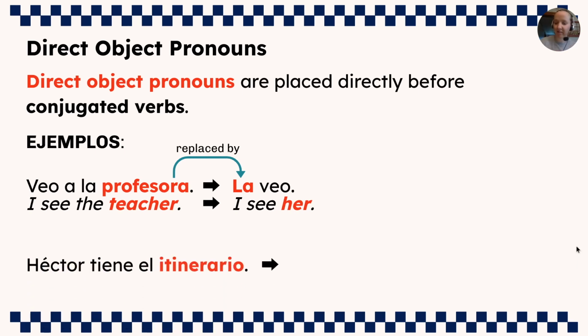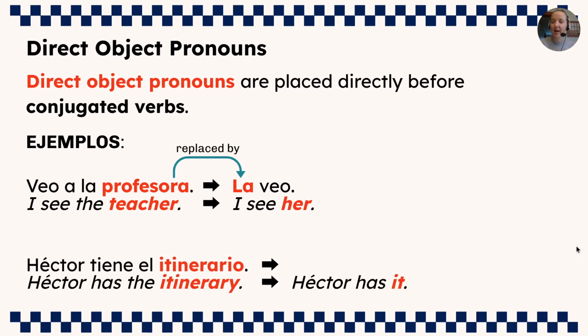Let's look at another example. Here we have Hector has the itinerary, and we want to change it to say Hector has it. In Spanish, we see that Hector tiene el itinerario is our beginning sentence. We need to decide which direct object pronoun we are going to use to replace itinerary. Is el itinerario masculine or feminine?